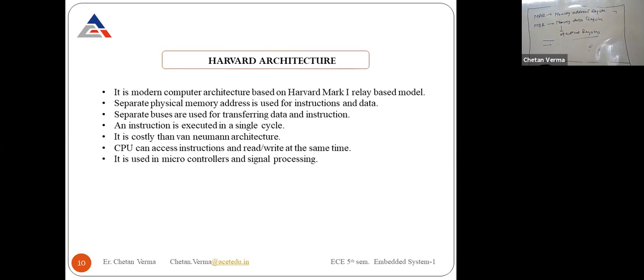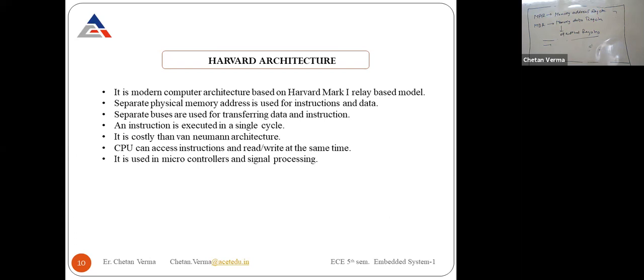In the Harvard architecture there are different buses, so the data and program memory face less error as compared to using the same address bus. Using different buses makes the chances of data corruption lower.